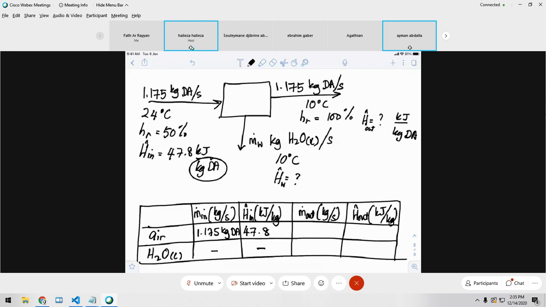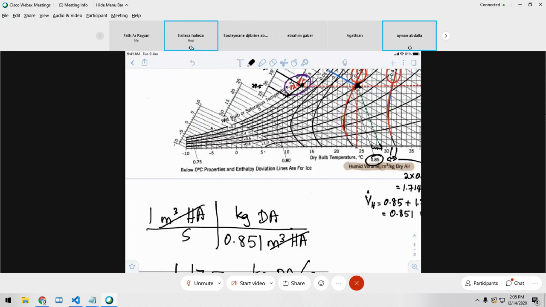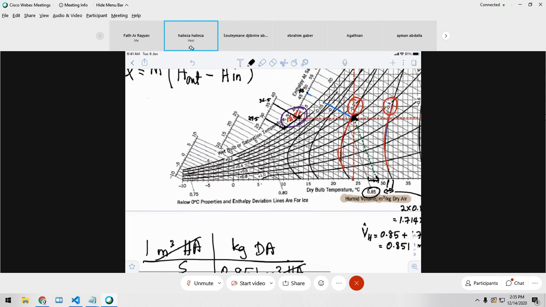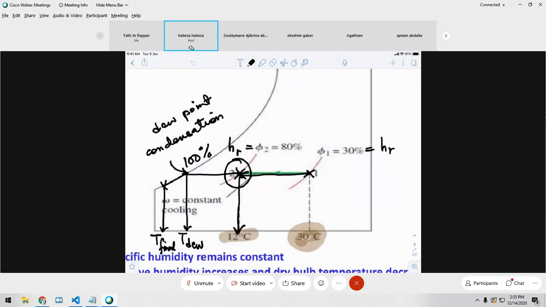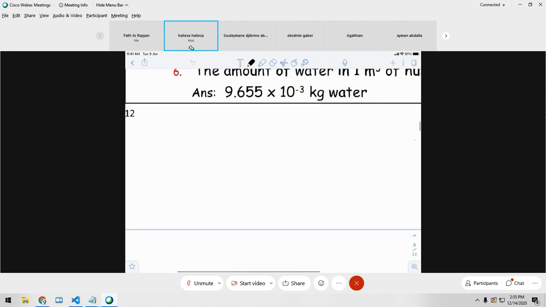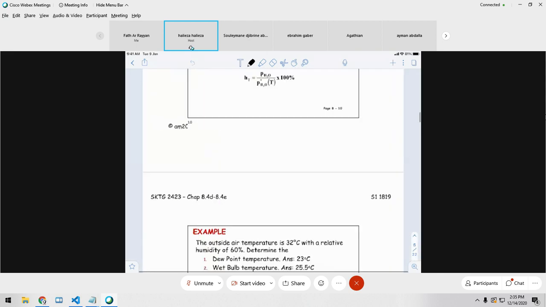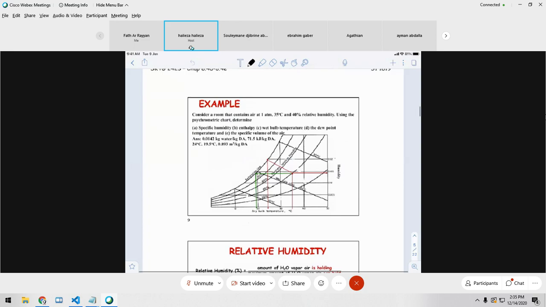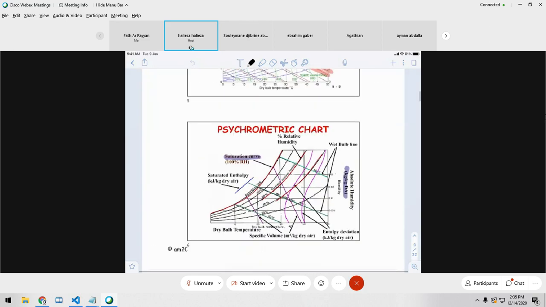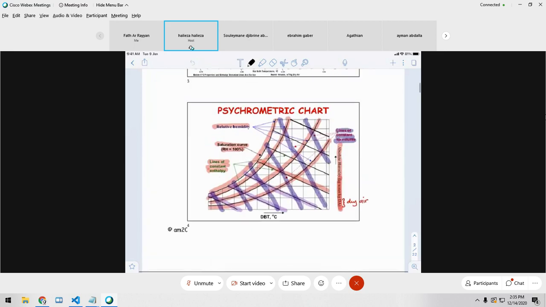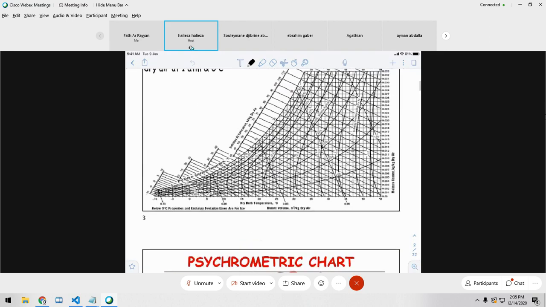Because have a look at the psychrometric chart itself. Let me show you the one that is in the notes. The enthalpy is that of the humid air, but the unit is per kilogram of dry air.